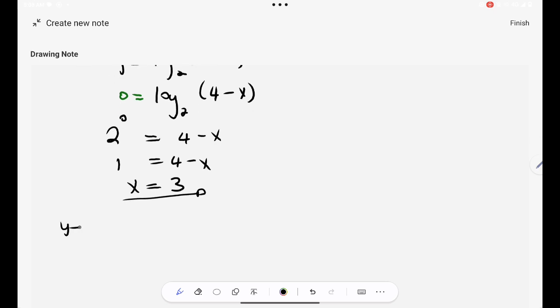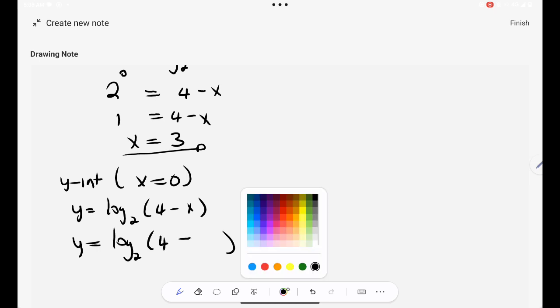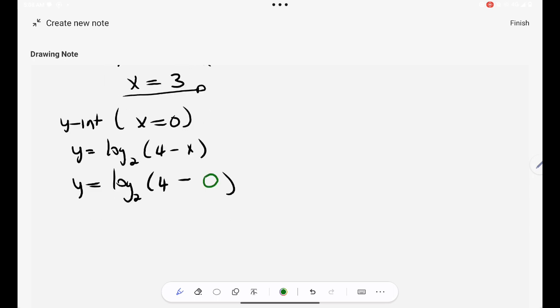And for my y-intercept, I don't care what kind of a graph it is, I must make x 0 and solve for y. Then y is equal to the log of 4 minus x base 2. I must just make x 0 and solve for y.